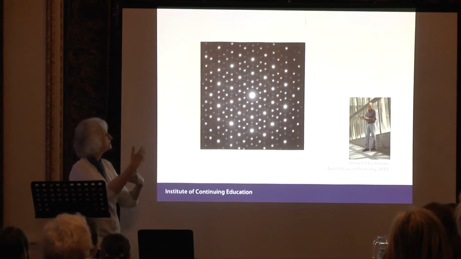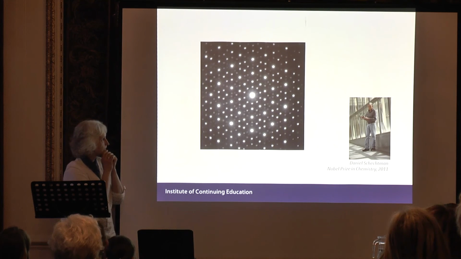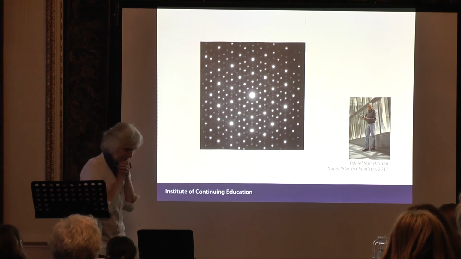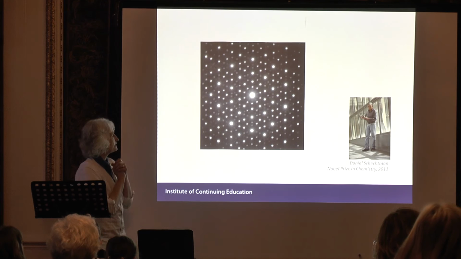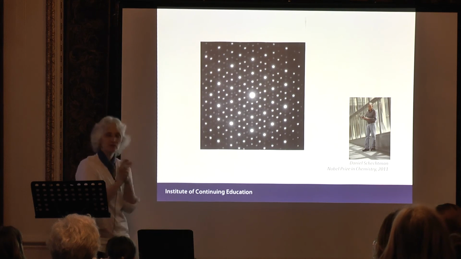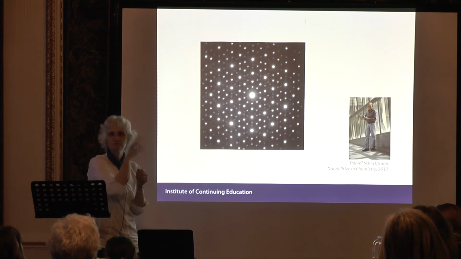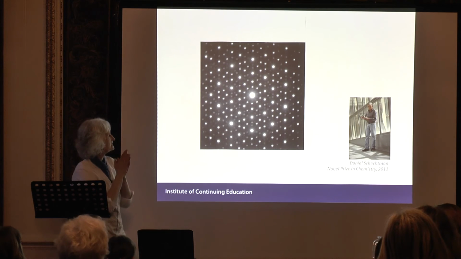It shows the way the crystal changes the X-ray or electron beam. So he had a crystal of an alloy of aluminium and manganese, and he fired an electron beam at it. And usually when you do this for a metal, you expect to get fourfold patterns or sixfold patterns or threefold patterns.